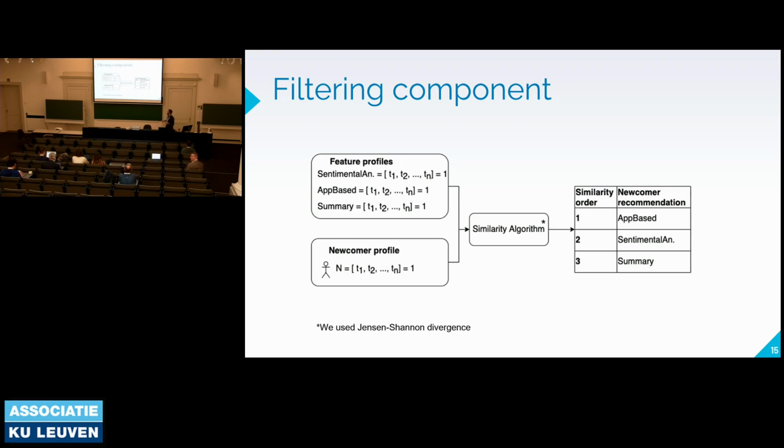So what the recommender does is to take those probability distributions, and through a similarity technique called Jensen-Shannon divergence that is used for probability distribution similarity calculation, we obtain the similarity between the newcomer profile and the different features of the software product line. And we order them based on the similarity that the algorithm returns to us.